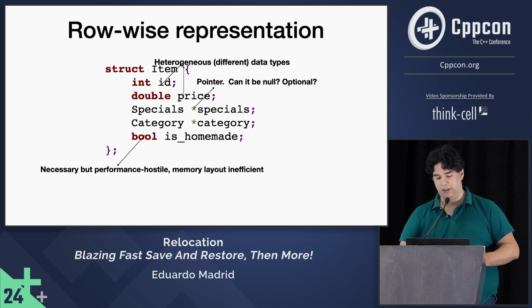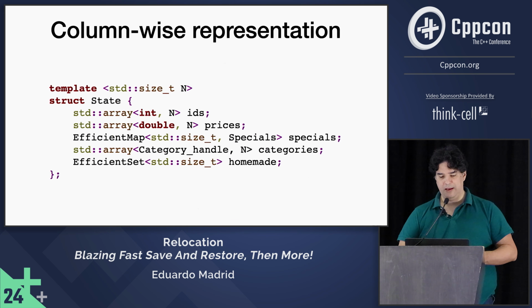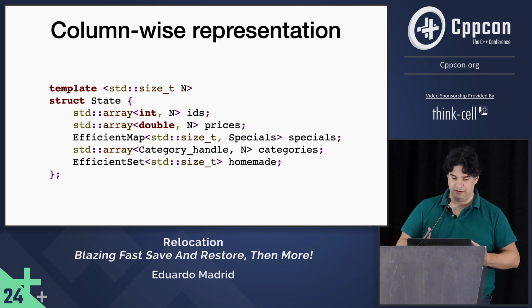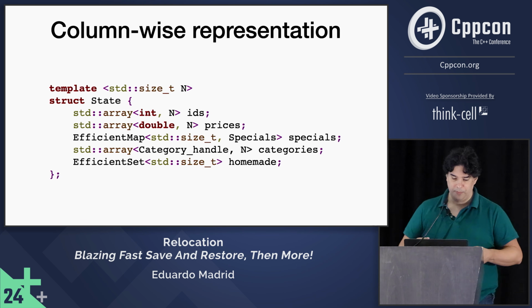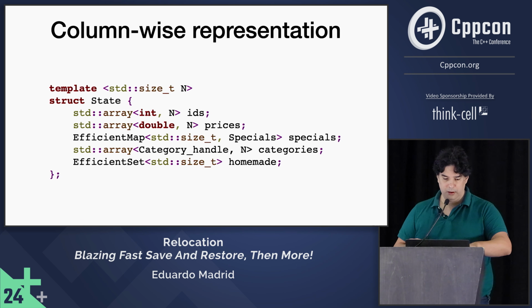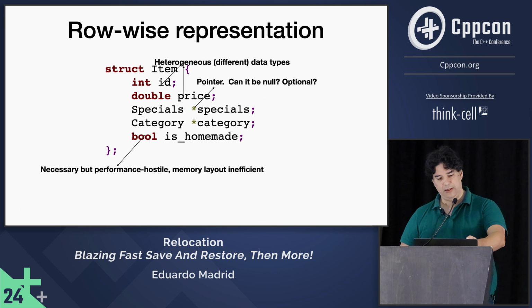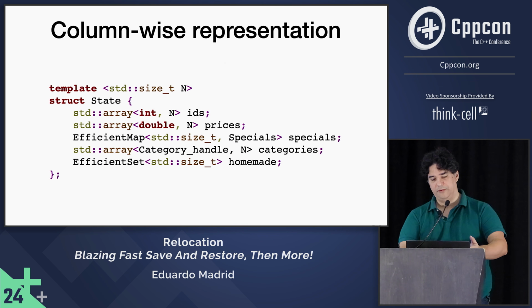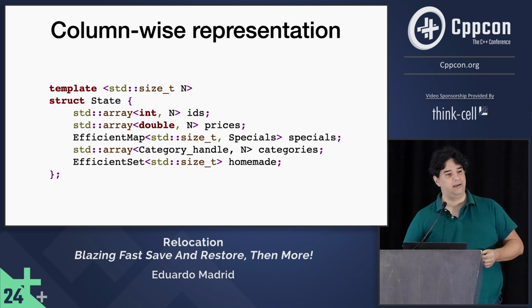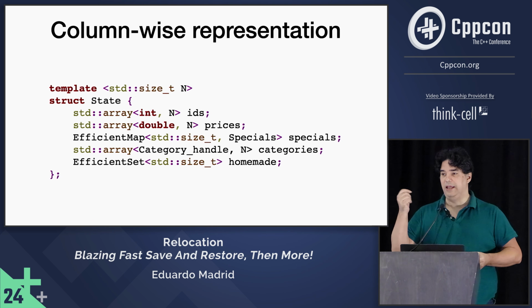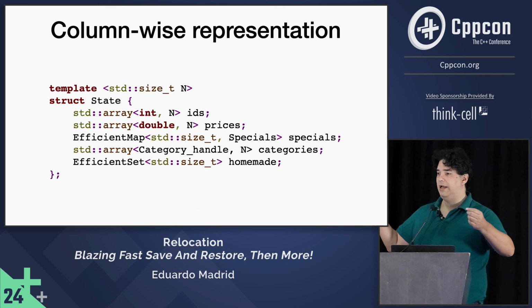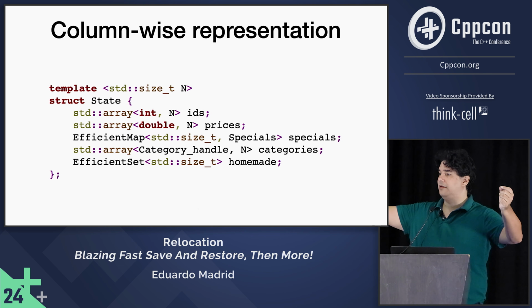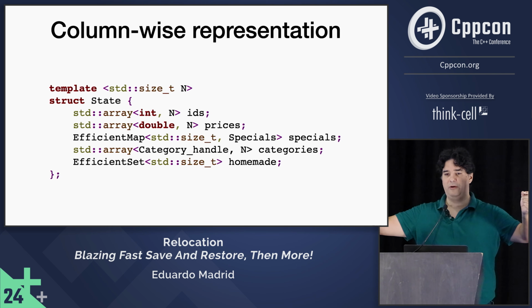And the Booleans, it might be a sensible choice to represent Booleans as a set as opposed to an array of Booleans. And of course, the binding between the objects that originally were of this data type of item to the individual members that they have, is the index, okay? So the index is what allows the binding between the item and the individual data members that they require to function.